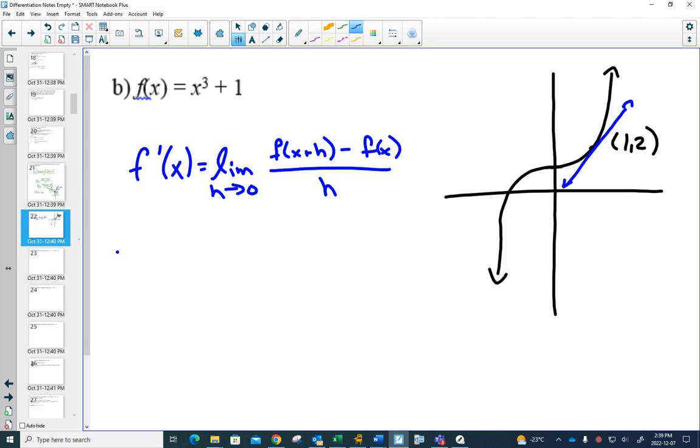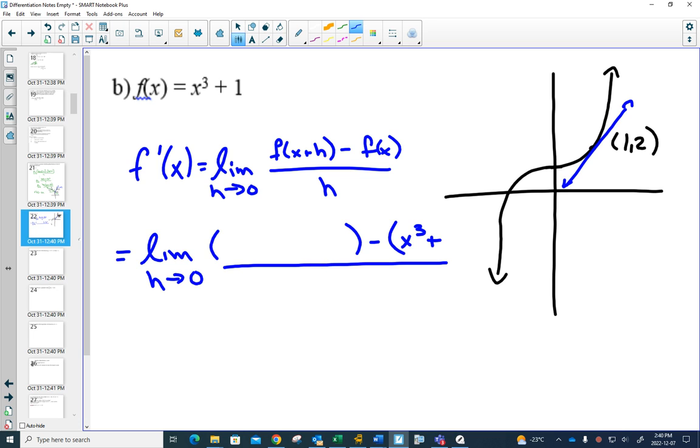And we have to continue writing the limit as h goes to 0 until we can actually solve. I plugged in the easy parts. Can you see that f of x is really easy to plug in? Because we were given that f of x was x cubed plus 1. H is really easy to plug in because it hasn't changed.